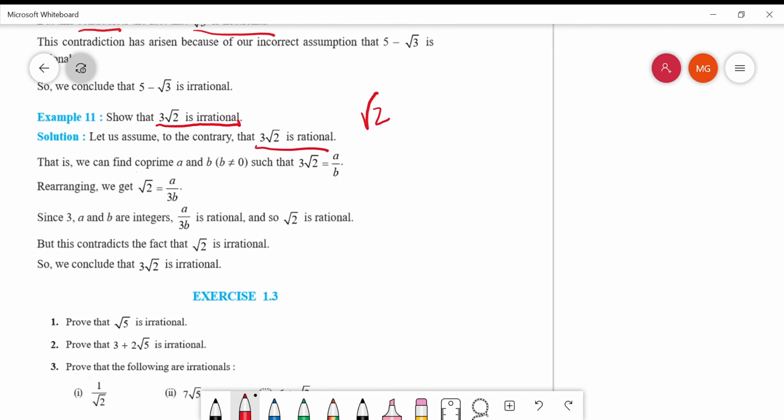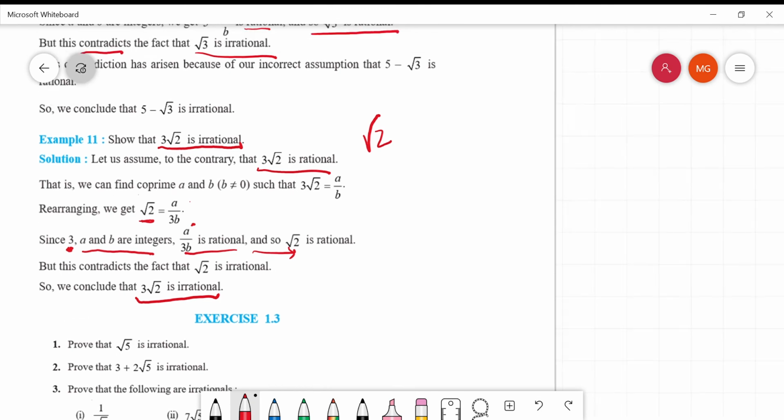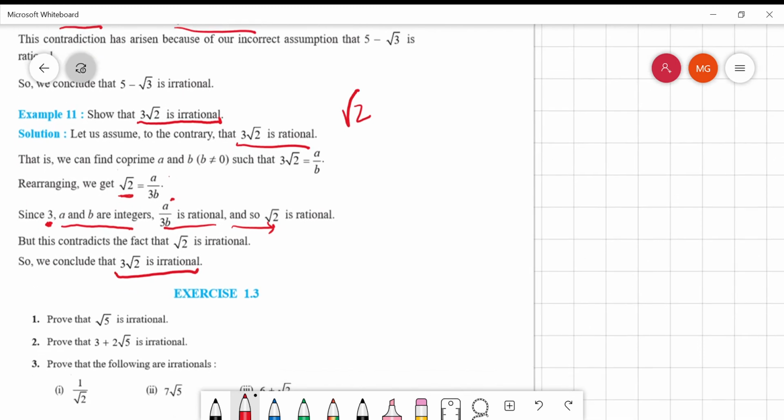So again we can put it as a by b, then rearranging we get root 2 equals a by 3b. Since 3 is an integer, and a and b we have assumed to be integers, a by 3b is rational. So if a by 3b is rational, this implies that root 2 is rational. Again a contradiction arises, your assumption is wrong, and hence 3 root 2 is irrational. This is how you will prove these types of questions. I guess there is no problem in this.